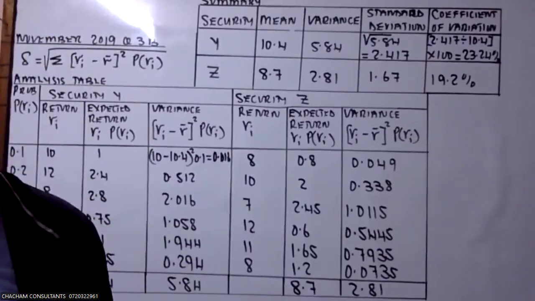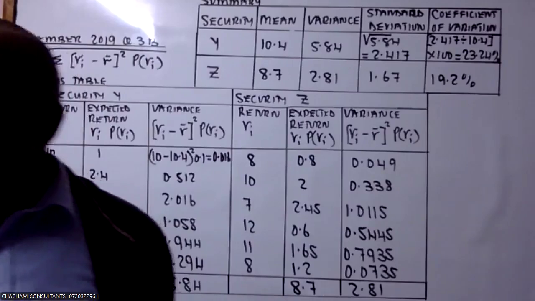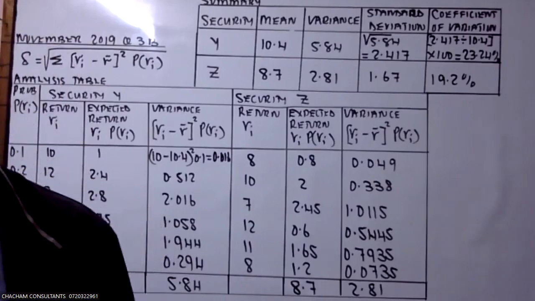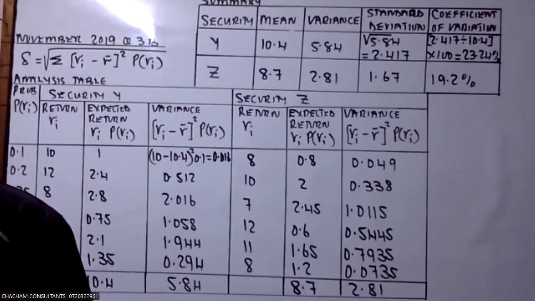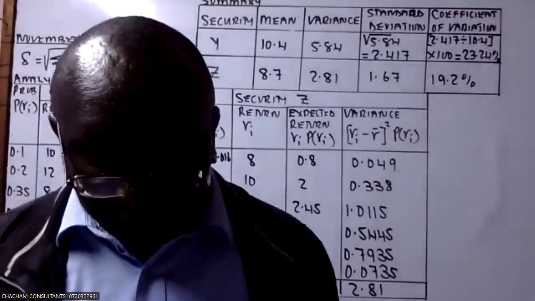So the examiner had asked us, advise the investor on which of the two securities to invest in. Now, I don't think we are told what kind of an investor this is. They are saying an investor has presented the following information.